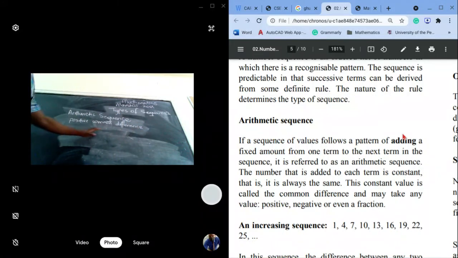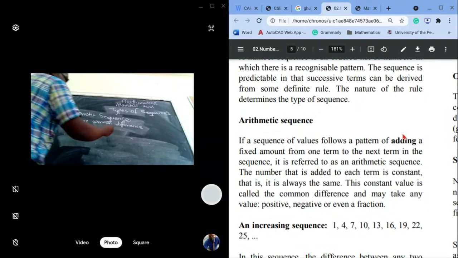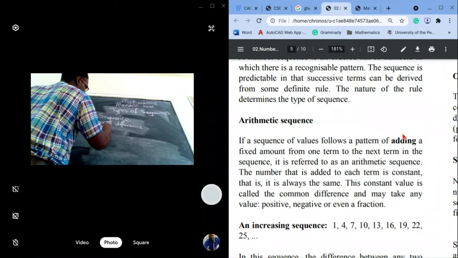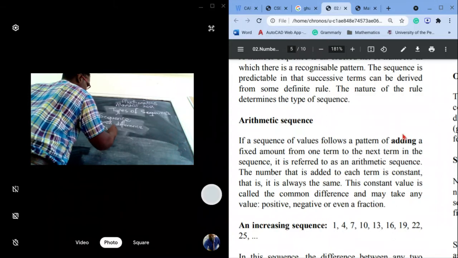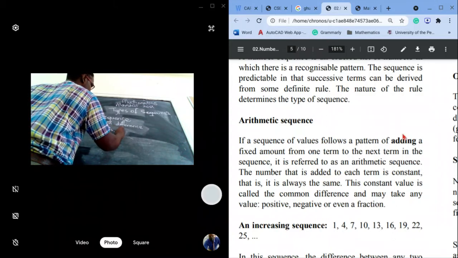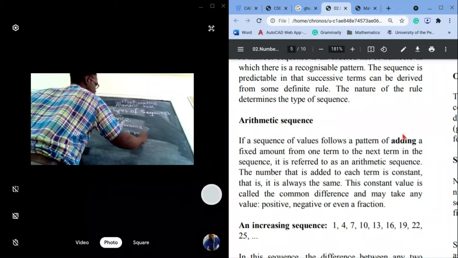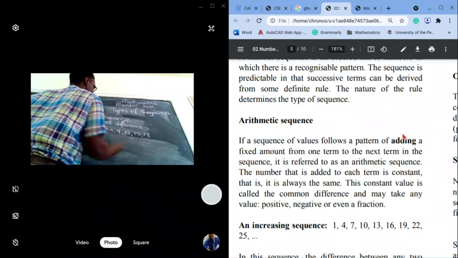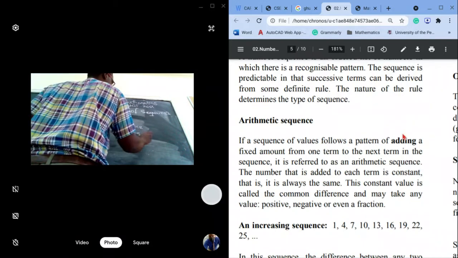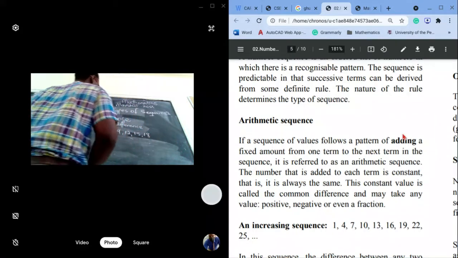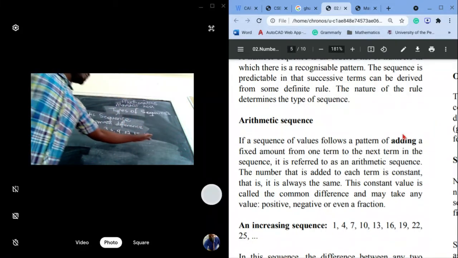But let's start off with positive common difference. So let's go back to the same type of number: 3, 6, 9, 12, 15, 18. There's a total of 1, 2, 3, 4, 5, 6 terms, right? So we have term 1 and this will be term 6.